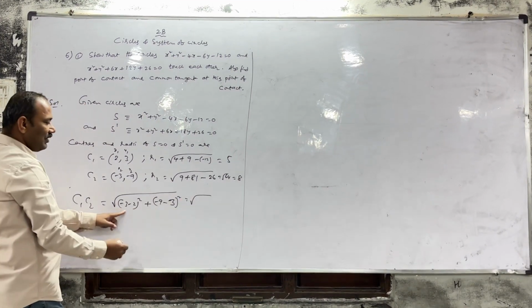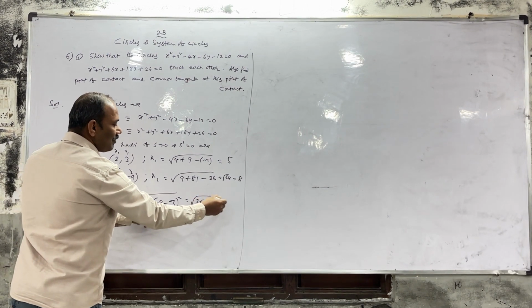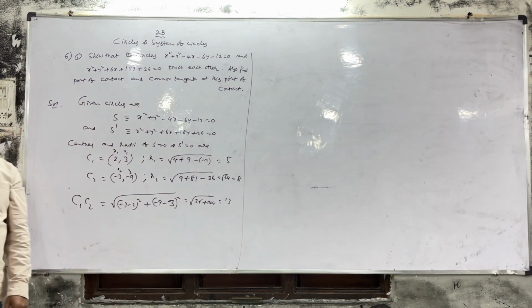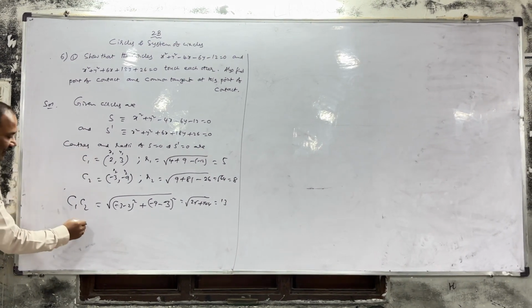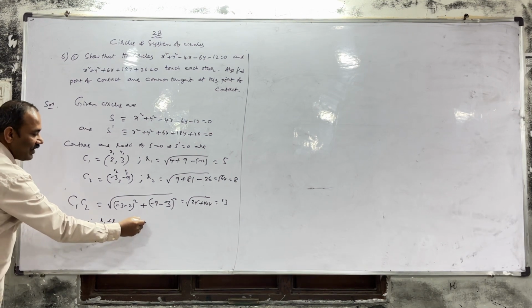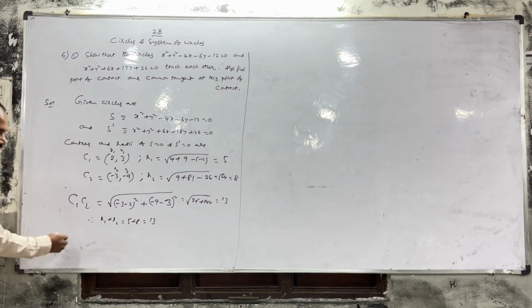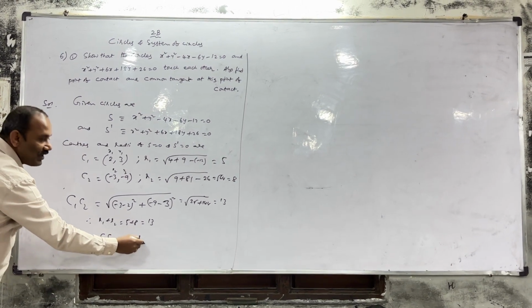That is root of 25 plus 144, root 169, that is 13. So C1C2, the distance between the centers, is 13. R1 plus R2 equals 5 plus 8, that is also 13. That implies C1C2 equals R1 plus R2.